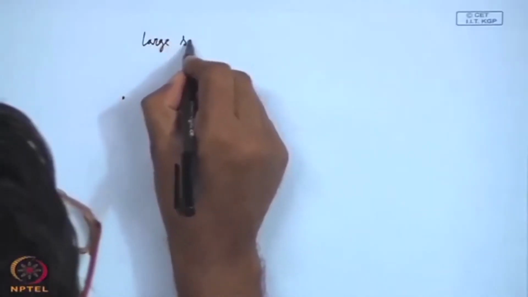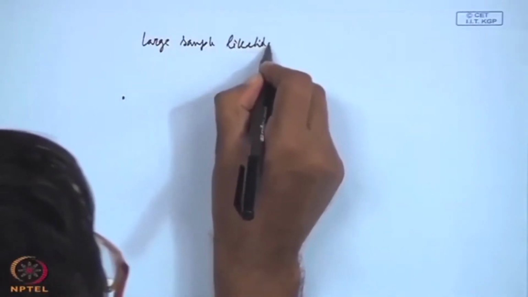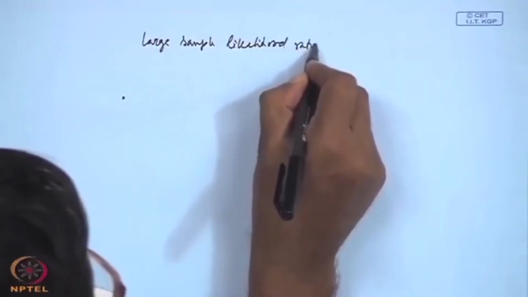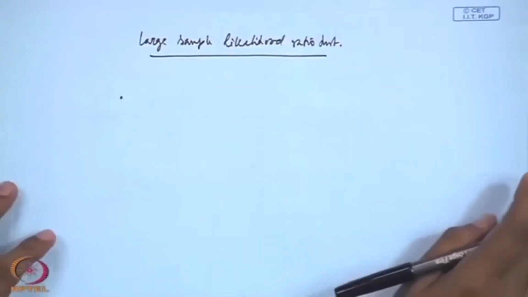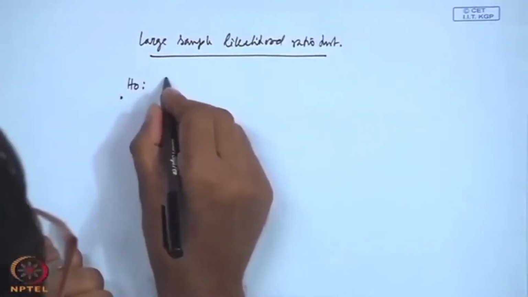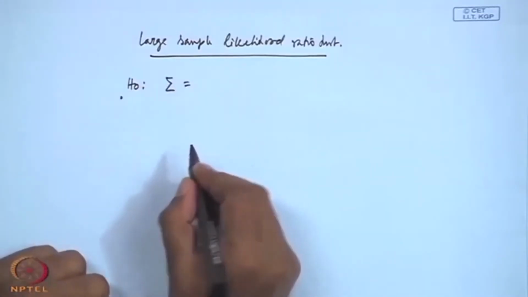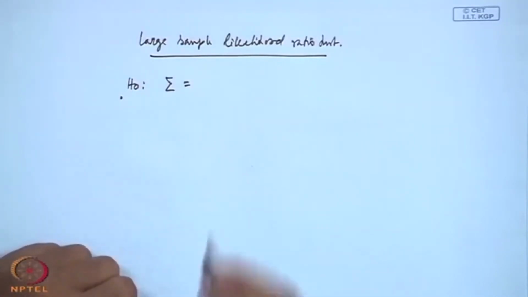Then another one is the large sample likelihood ratio test. So, we will again give you the Bartlett procedure here. Here the null hypothesis is that the population covariance matrix is coming from the factor model.